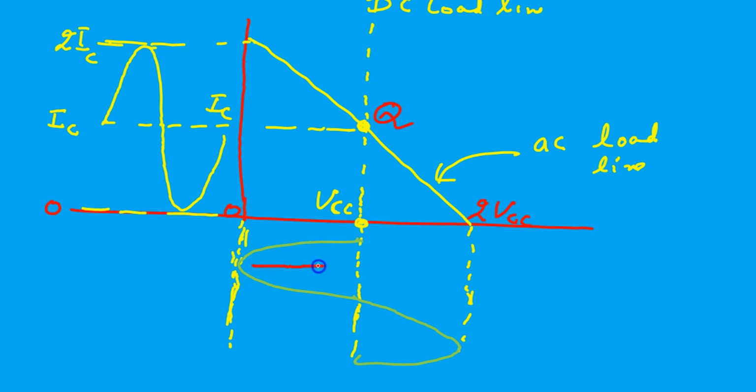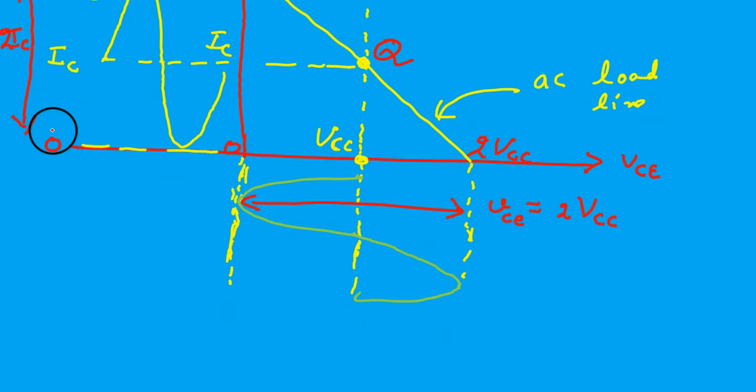Now the collector emitter voltage swing is twice the VCC, and the total swing of the collector current is twice the IC.